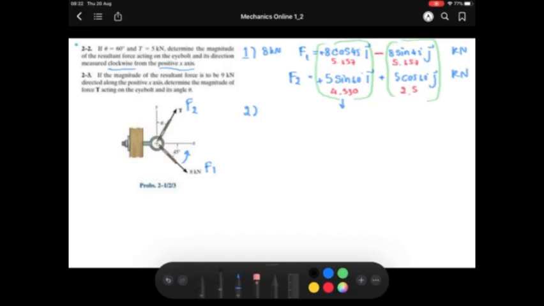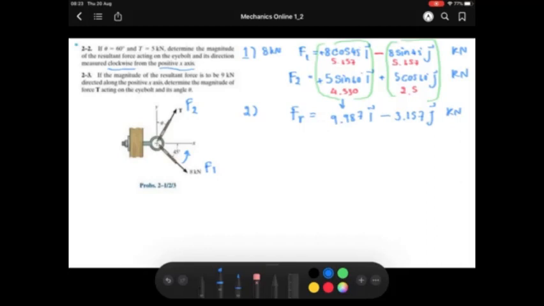You will get the resultant force as 9.987 i minus 3.157 j kilonewtons.